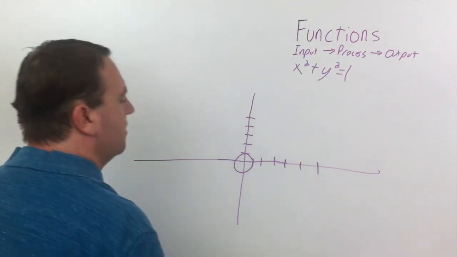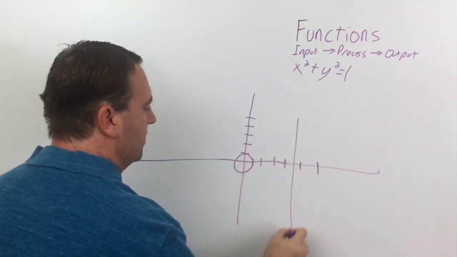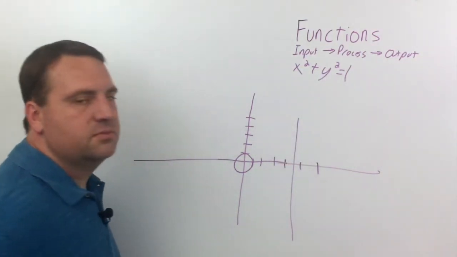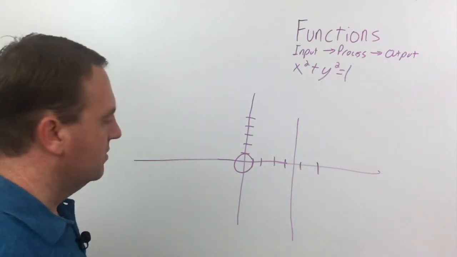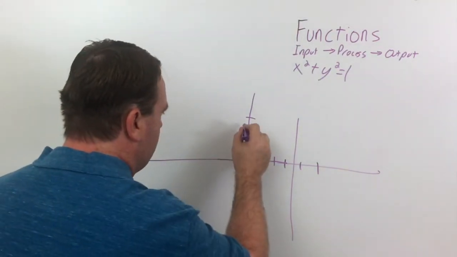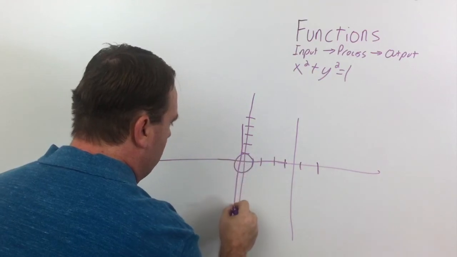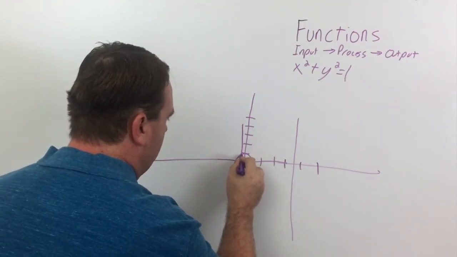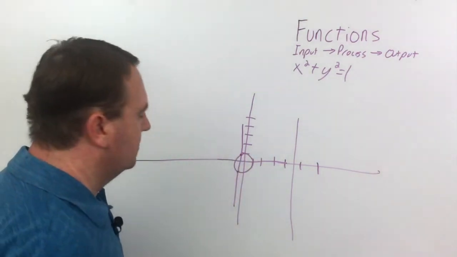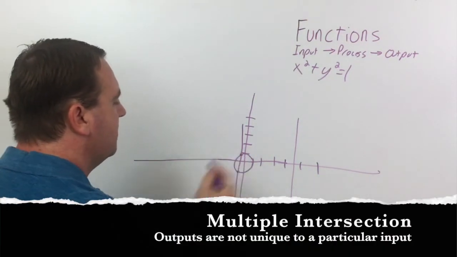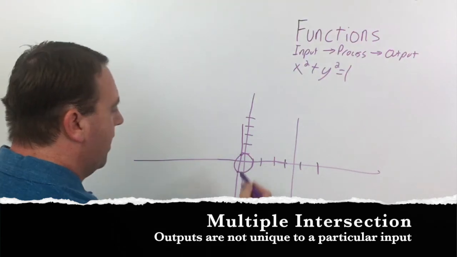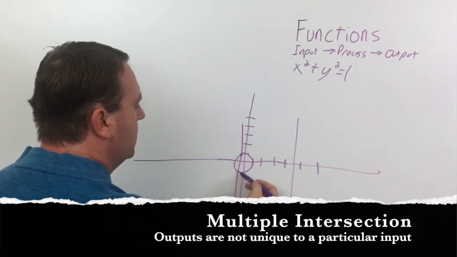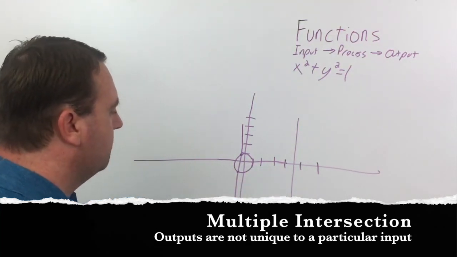Now it doesn't matter the fact that if I draw a vertical line here, I don't intersect anything. That just means that the function isn't defined at that point. But the interesting thing is here, if I draw a vertical line, I actually intersect my graph 2 times. And so that means that given a particular x value, I can't tell which y value it should be.